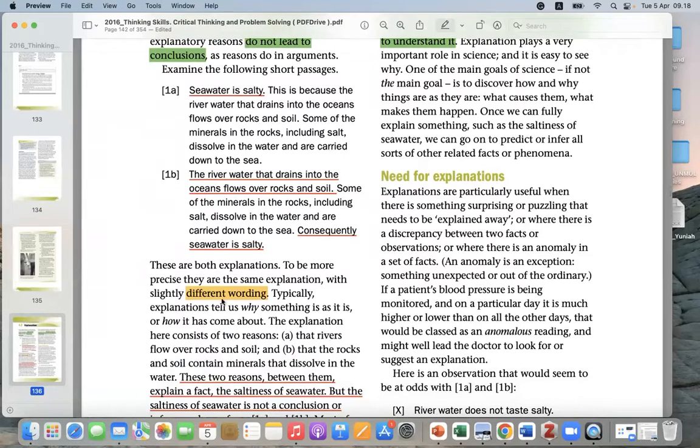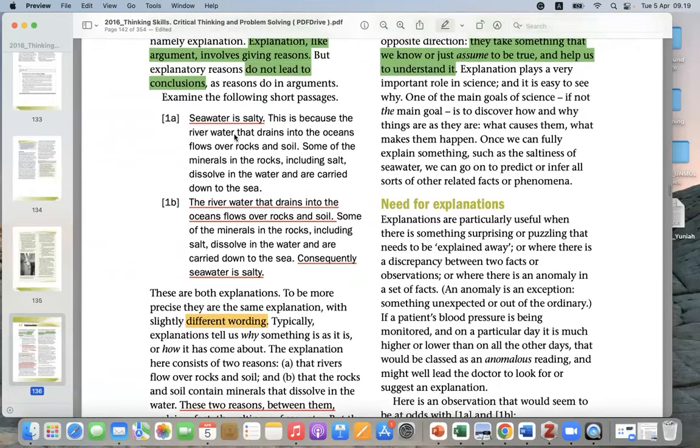To be more precise, they are the same explanation with slightly different wording, examples 1P and 1A. The main idea is in the first sentence in one, and in the last sentence in the other.